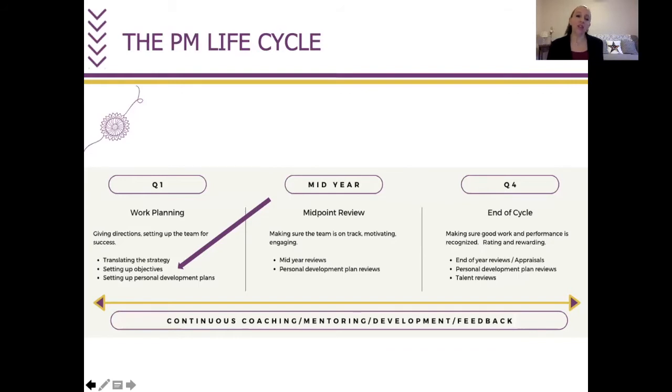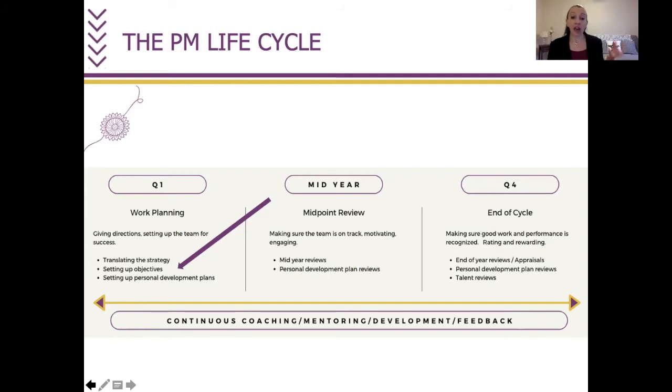Today, with setting up objectives, we look at different leadership skills, and they are mostly related with inspiring and motivating others, showing ambition, and also building engagement. So this is what we're looking at today. Also, when you look at what we're going to be covering today, I want you to think with two hats.